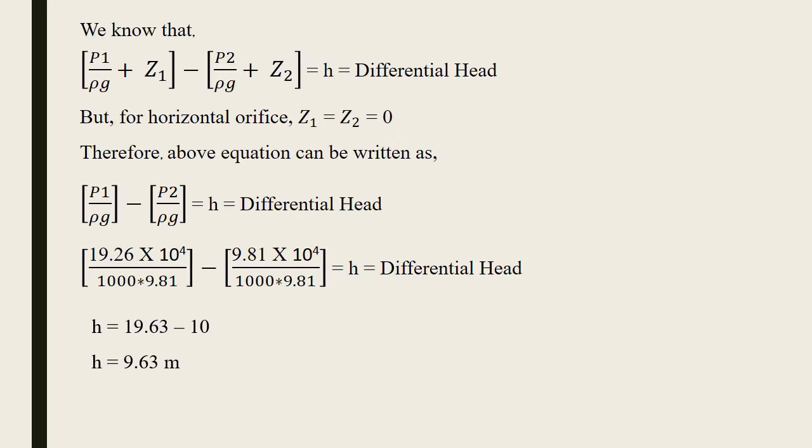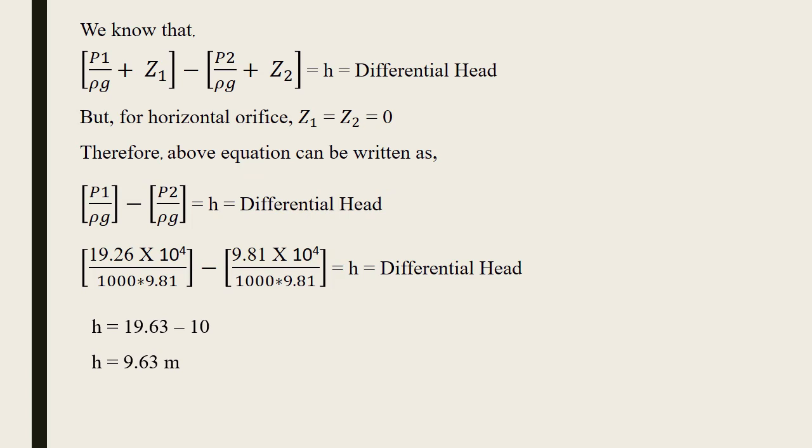What you should remember in this kind of problem is how to get the value of H. If you could get the value of H, the substitution is very direct. The value of this differential head is calculated by this formula, that is P1 by rho g plus Z1 minus P2 by rho g plus Z2 is equal to H. This is the formula to be used to determine the differential head.